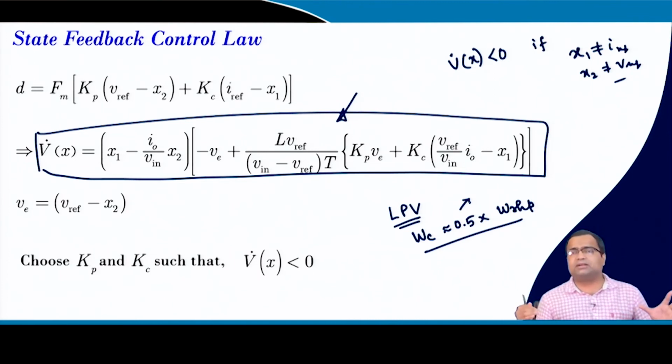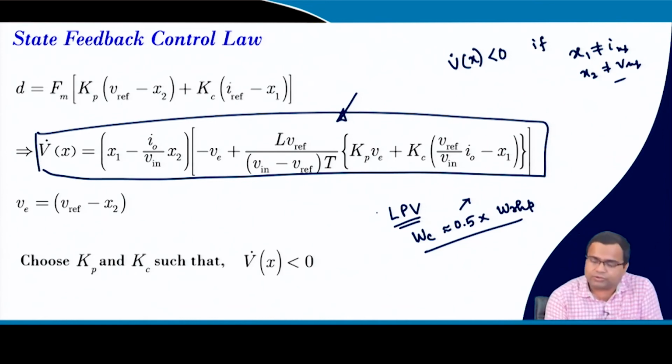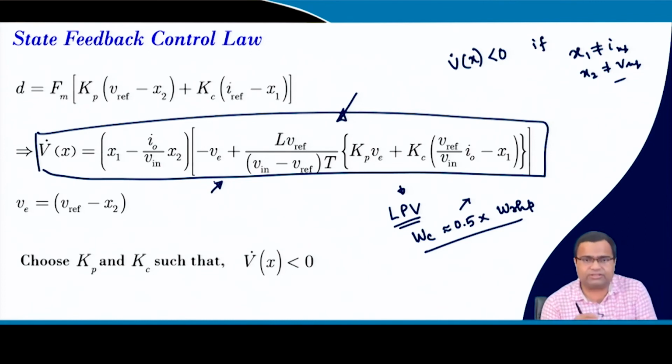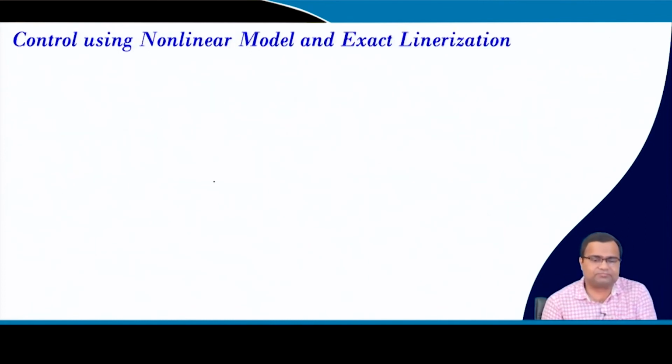Otherwise, the top switch will turn on and the voltage will collapse and the inductor current will keep on rising. So, for the linear model, the only difficulty is that we cannot push the model validity further, but here since we are using a Lyapunov function, we can ensure the large signal stability using this nonlinear model.